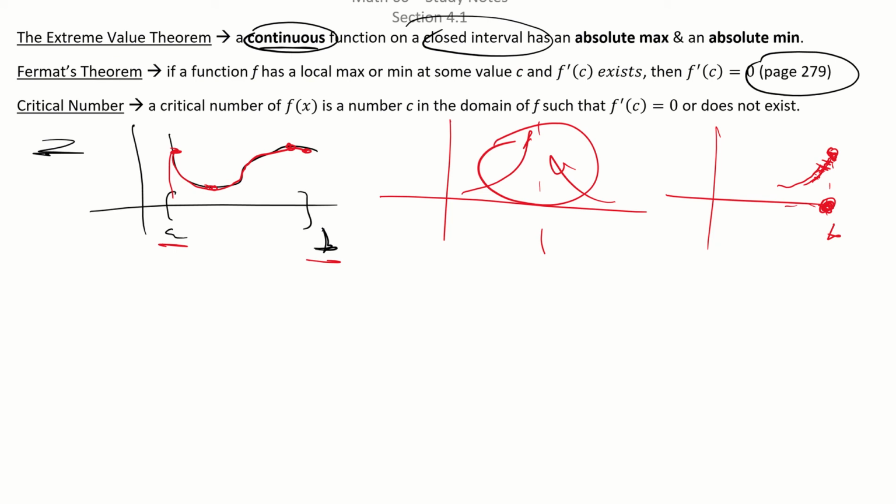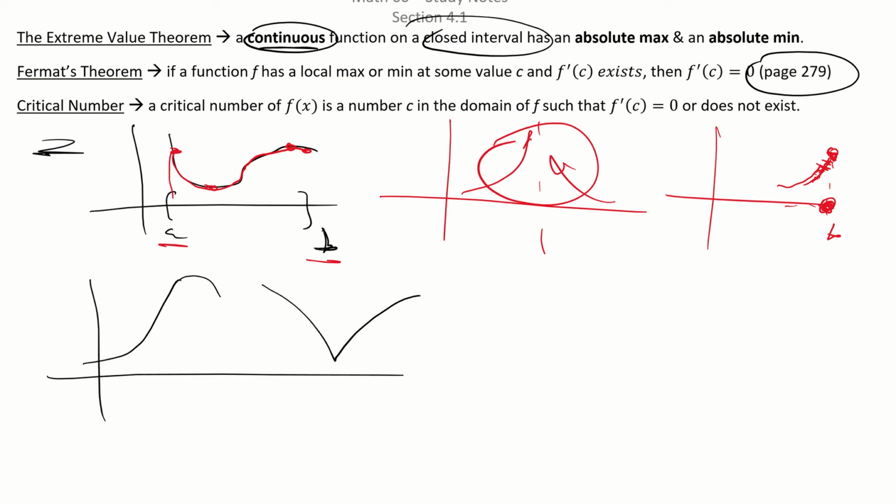I think it's pretty clear that if you've got a function that has a max of some sort, or maybe another function that might even have a cusp and have a minimum, okay? So this guy's got some sort of maximum going on. This guy's got some sort of minimum happening here.